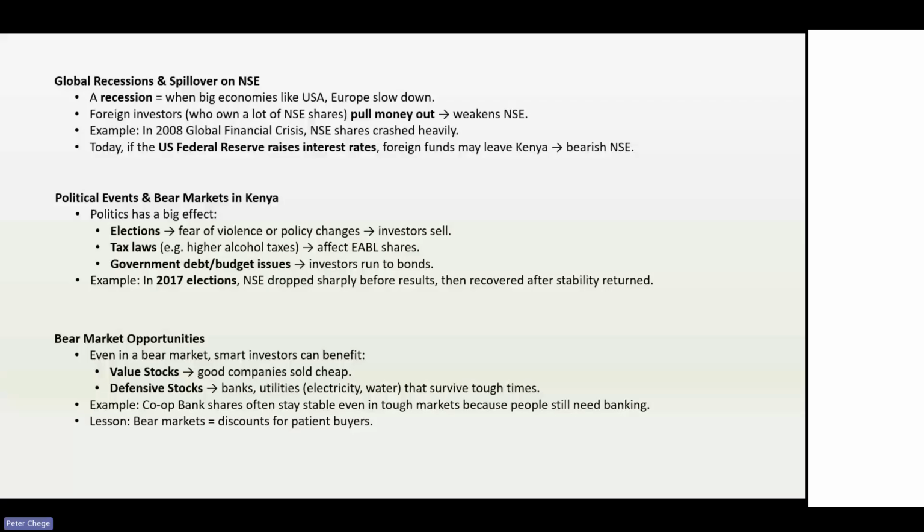Then we have political events, and our politics usually have a big effect on our NSE. Sorry to tell you that. First of all, elections. There's always the fear of violence, and also a new government coming in and changing policies, especially on tax. So you find investors want to sell.